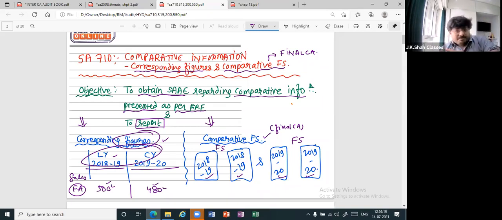What if that previous auditor had given a modified opinion in the last year? And that same matter is relevant in the current year also. So I also will have to modify, just like the previous auditor did. But what if that same matter is resolved? It is not relevant in the current year. Will I do anything? No. Then I should ignore.